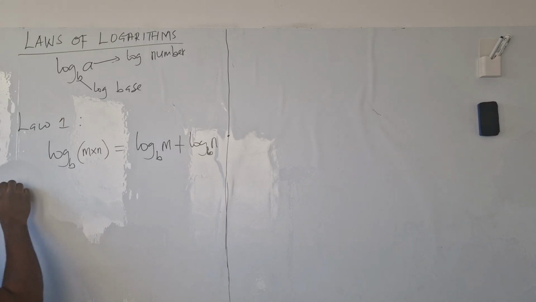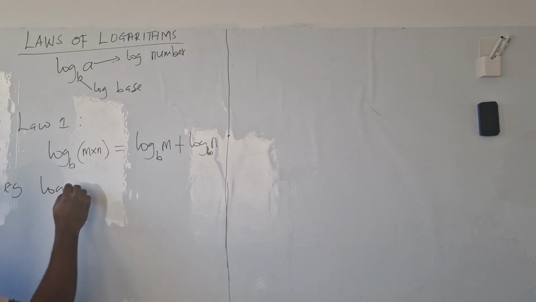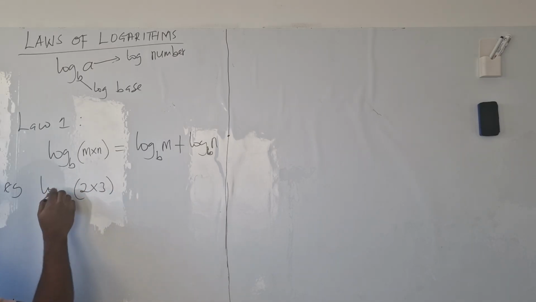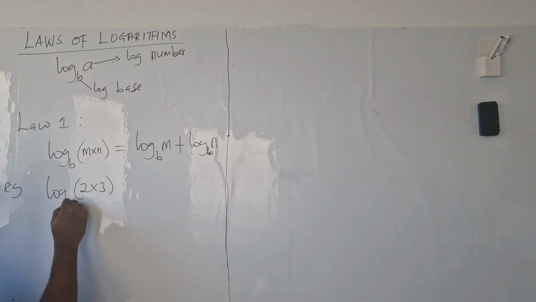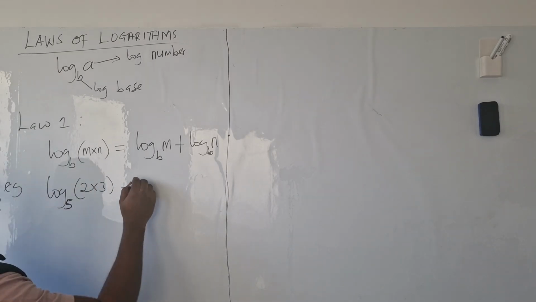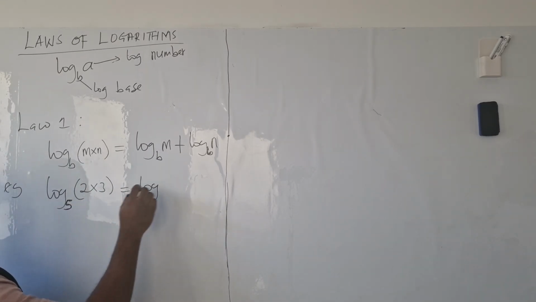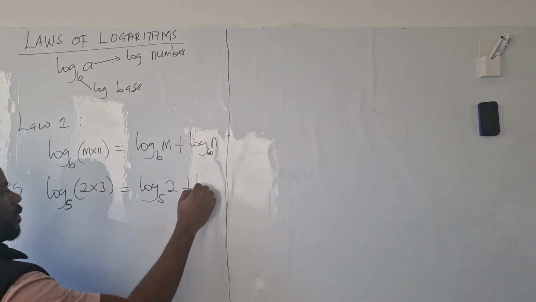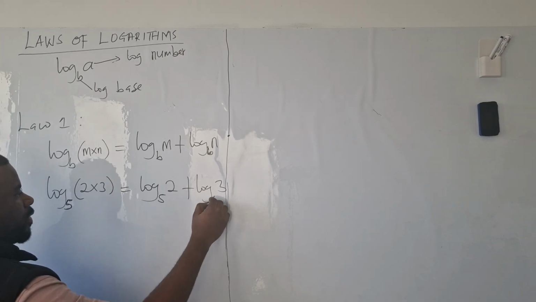For example, if I have log of 2 multiplying 3 with a common base, let's say base 5, then this can be written as log 2 to the base 5 plus log 3 to the base 5.